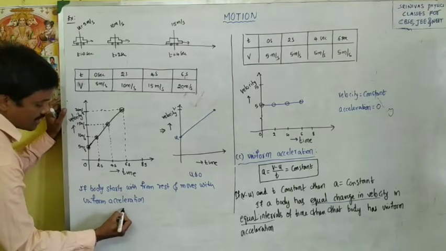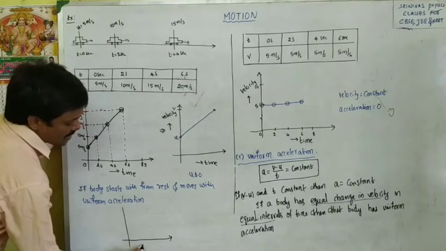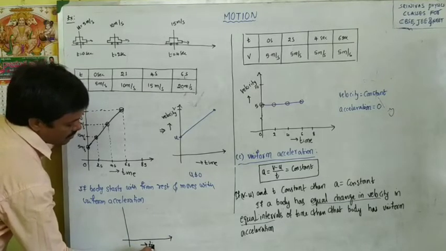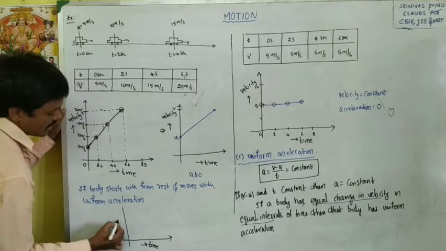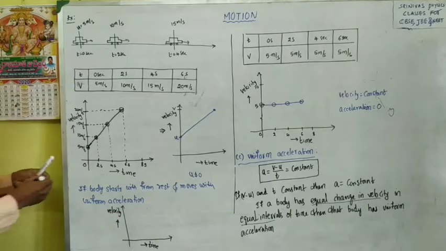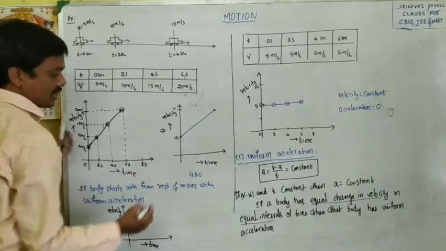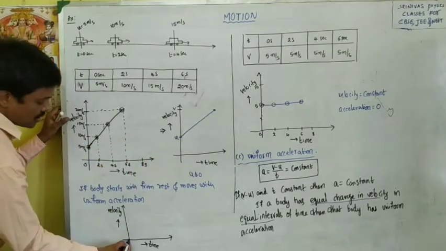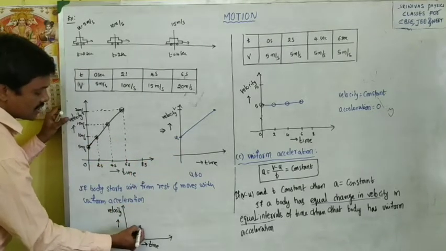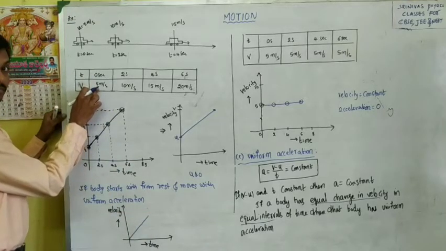then the velocity-time graph you will get like this. This is the time, and the velocity is taken on the y-axis. Then how will you get the graph? Here it starts with a non-zero initial velocity, so u is not equal to 0. Here u is 0, and we will get the graph like this. u equal to 0 means when time is 0, it starts from rest.